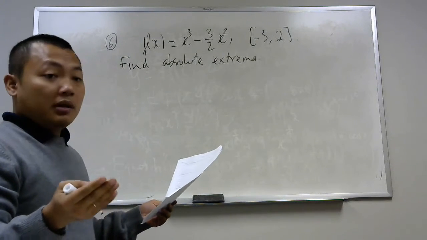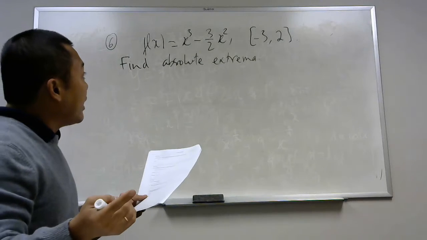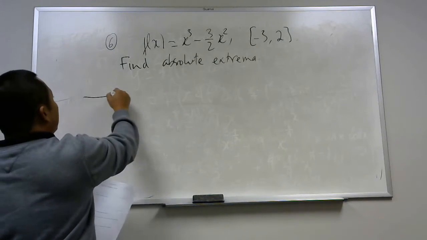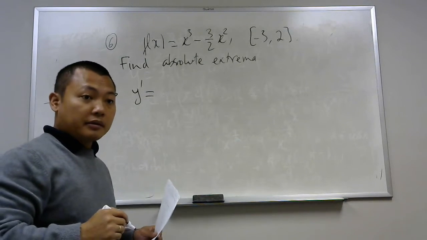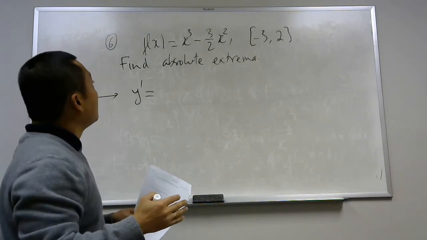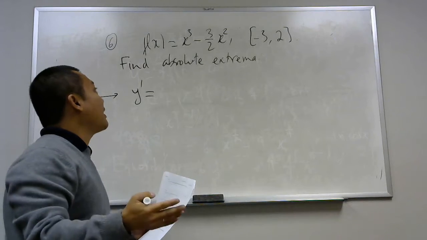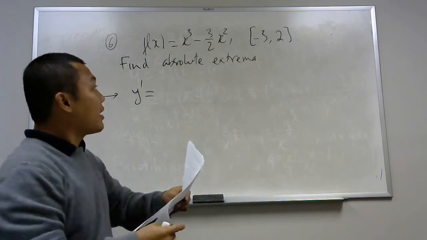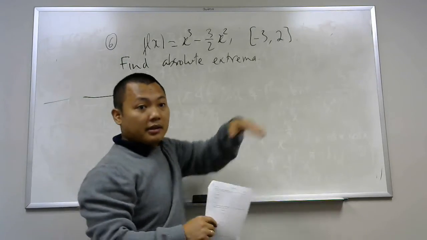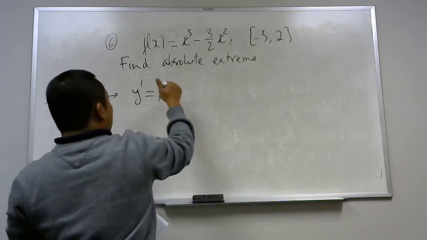We only need to work with numbers. The first step, we need to find the derivative and set it equal to 0, or find where the first derivative does not exist. Means we have to find all critical points in the given interval, right? In the given interval. So let's take the derivative of this function.